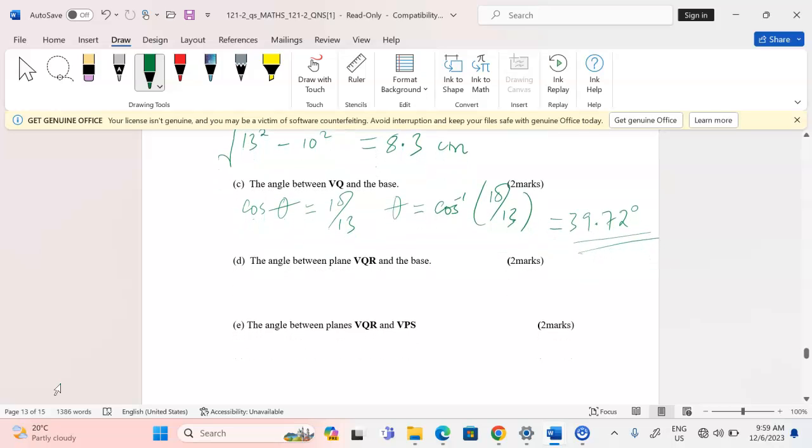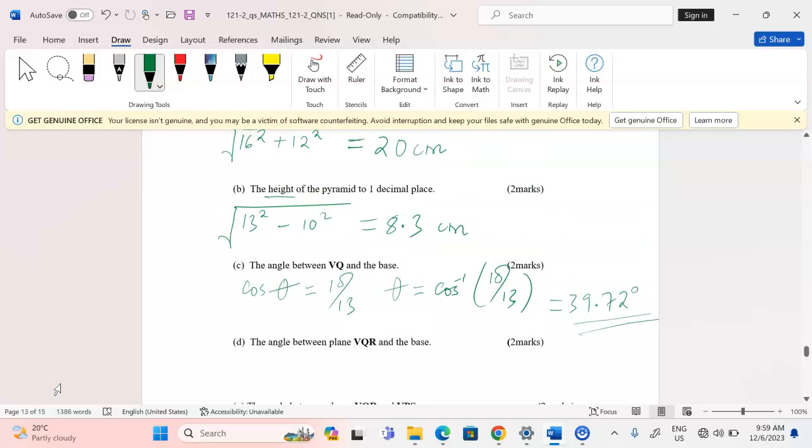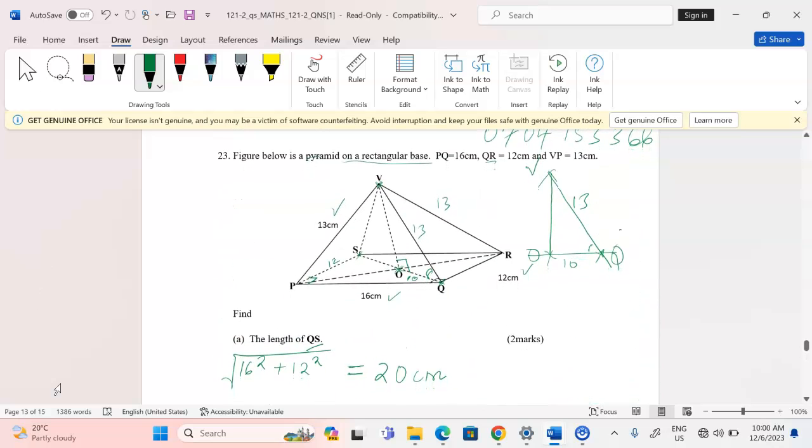The next is the angle between the plane VQR and the base. These are two planes, VQR and the base.